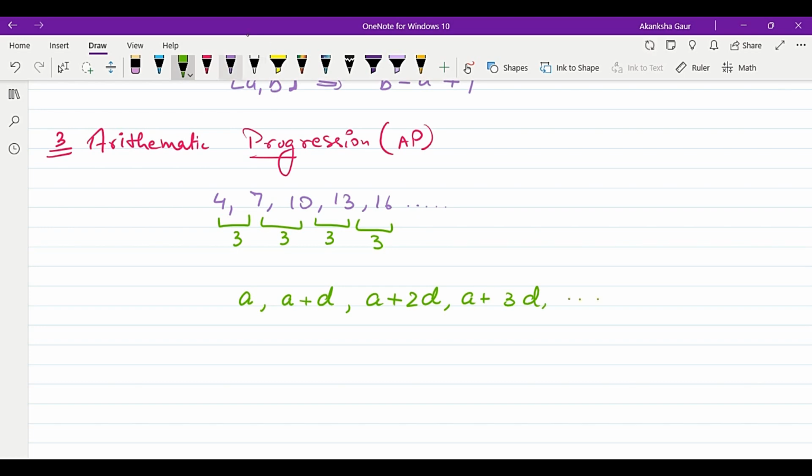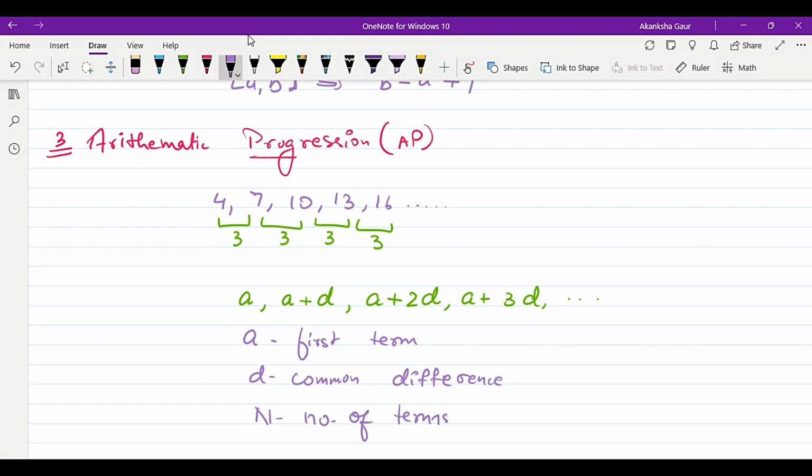So if I consider that A is my first term, D is the common difference, and N is the number of terms occurring in the series, then I can make the formula for the summation of this arithmetic progression.